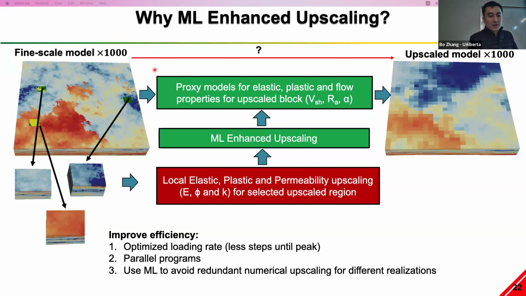So that's why we want to only select some representative cases to form a sizable training set. So we can run those training sets, do the local numerical upscaling elastically, plastically, and also flow-based. Then we can use that to generate a proxy model for elastic, plastic, and flow properties. So with that, it is possible for us to further improve efficiency.